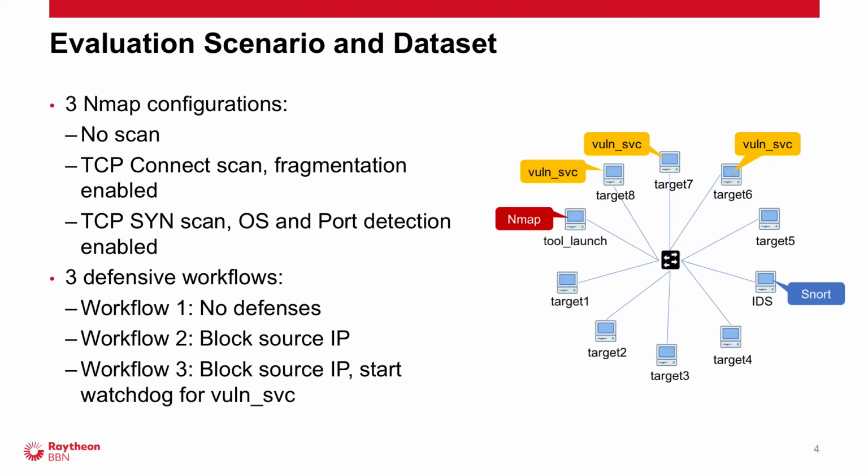This service is brittle, it's a legacy service, and it's prone to crashing when it receives unexpected input. That will also add some interesting complexity to this scenario, as you'll see later. We have 3 Nmap configurations, we have 3 defensive workflows, and we execute each 3 times, so that gives us 27 runs total.